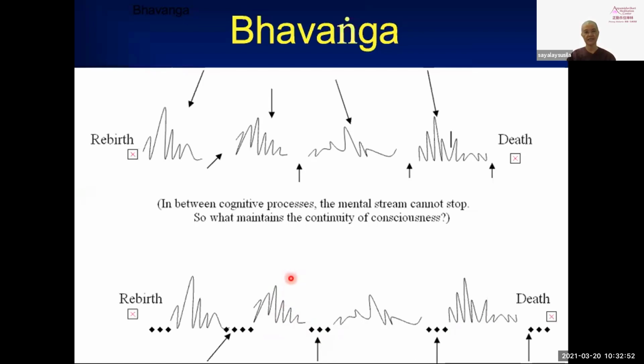Bhavanga arises in between two cognitive processes in order to preserve or maintain the continuity of the mental stream, because the mental stream cannot be stopped unless you become an arahant and enter into parinibbana, then the consciousness stops completely. Another occasion is when you enter into nirodha samapatti, the attainment of cessation.